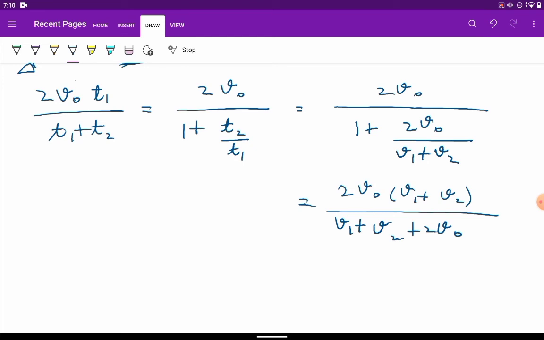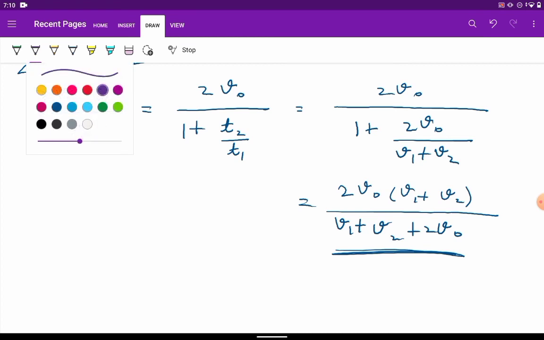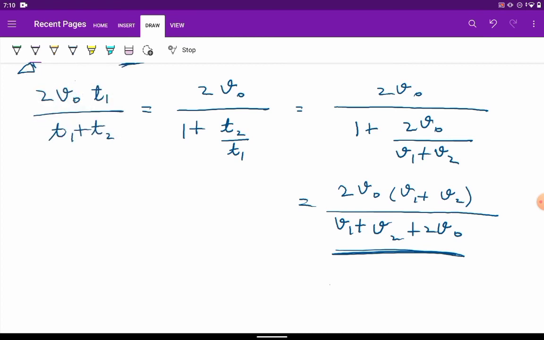This is our mean velocity magnitude that is being asked.